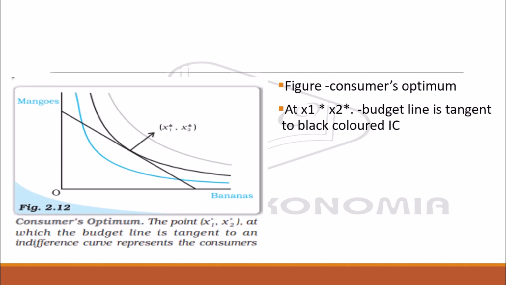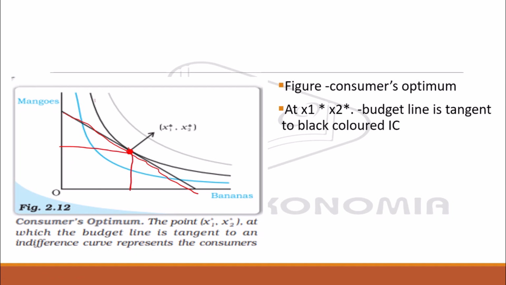If you look at the figure, this is the budget line, and you have your indifference curve. At this point, the consumer is going for a combination of two commodities.